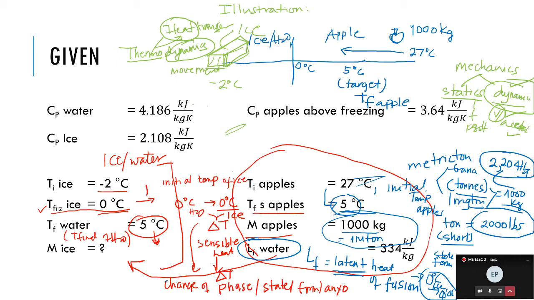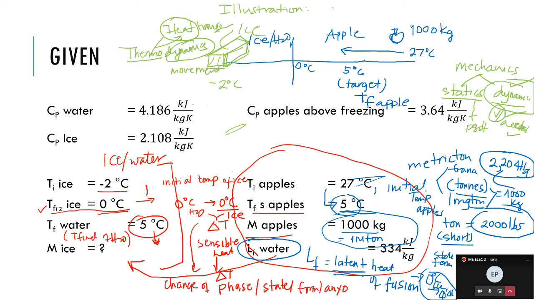Now, is there any transfer of heat involved in our problem? Where will the heat come from? Is it coming from ice or is it coming from apple? From apple. Why? Greater temperature. Oh, anong law yon?